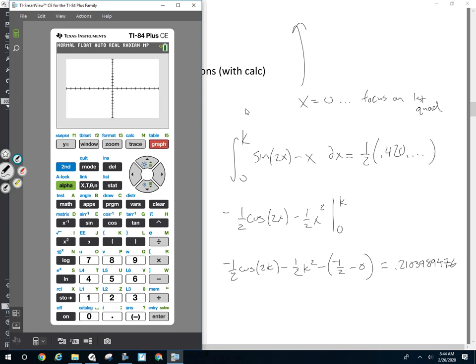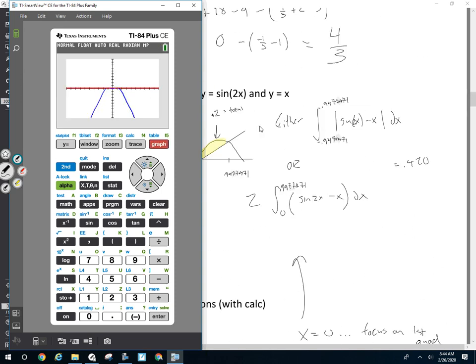Graph, we're looking for something between 0 and 0.9.